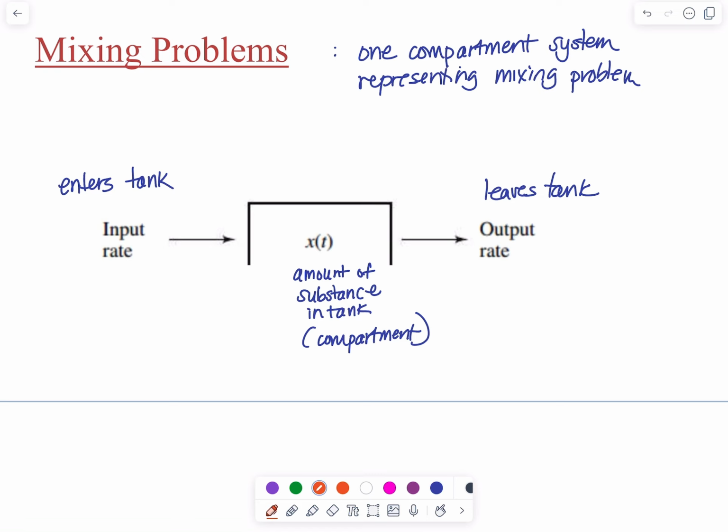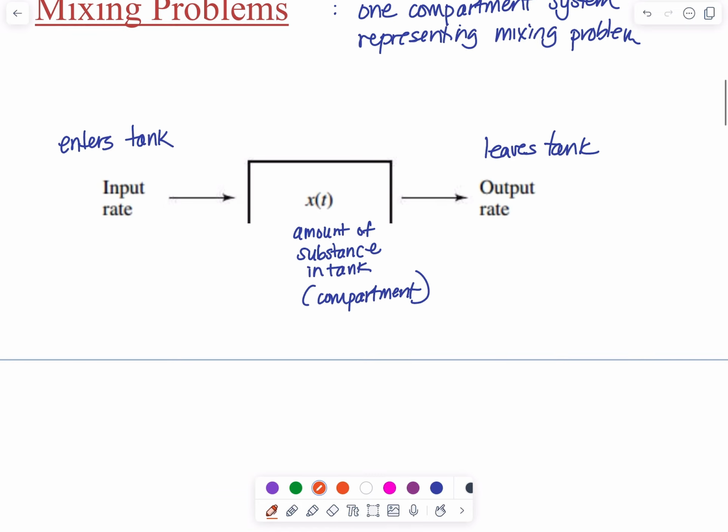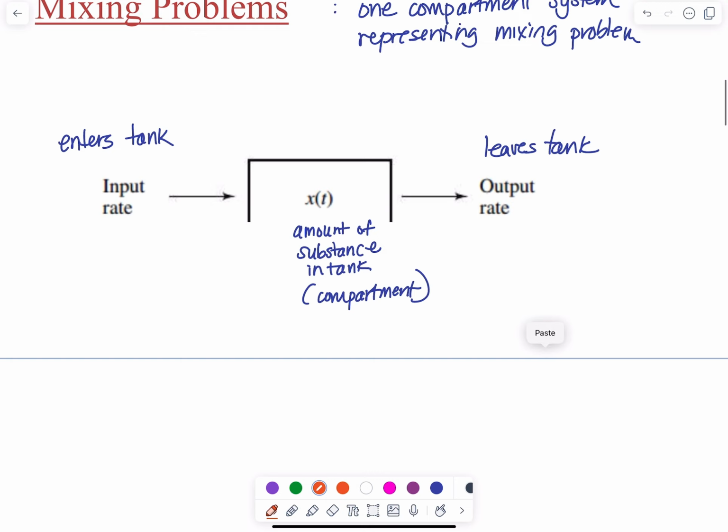A lot of times in mixing problems, we are usually given the rate at which the fluid flows into the tank.